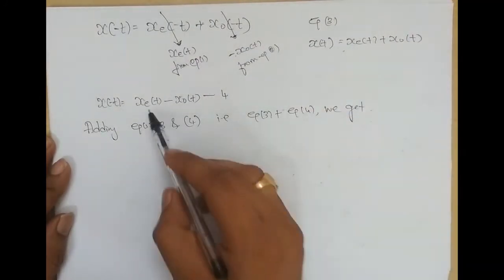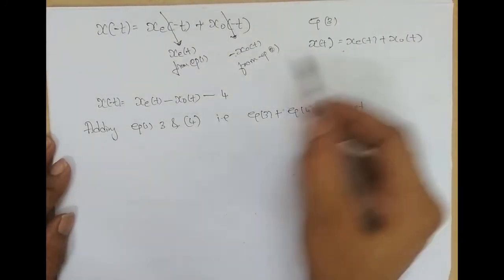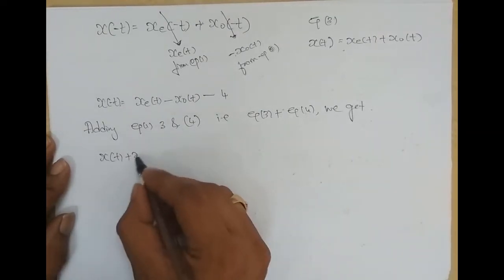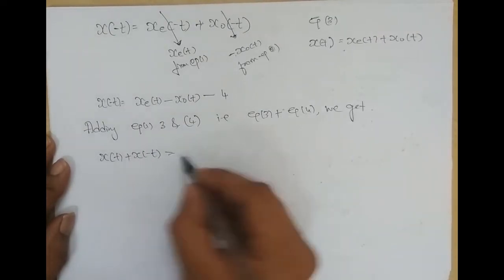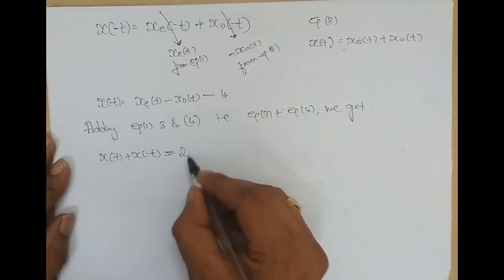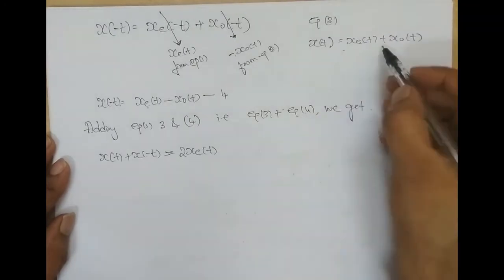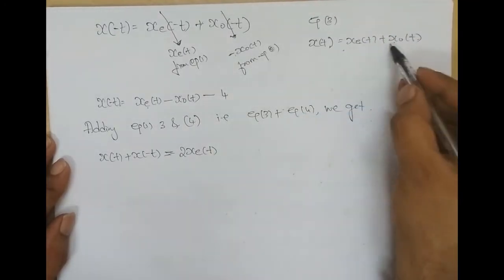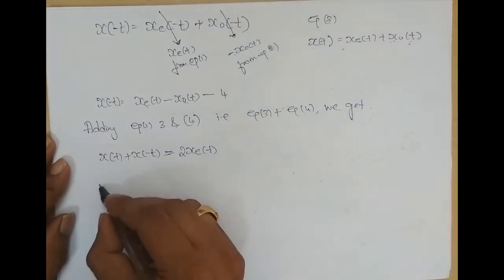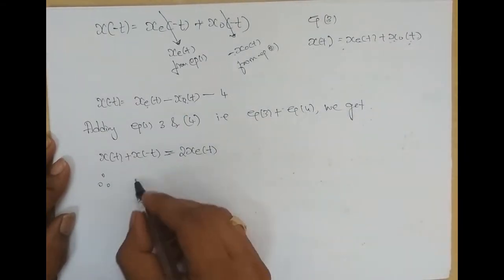If I add equation 3 and equation 4, what do I have? X of t plus x of minus t in the left hand side is equal to xe of t plus xe of t, right? 2 times xe of t. Next, xo of t plus xo of t with a minus cancels out, so it is 0, right? So therefore, what do I get?